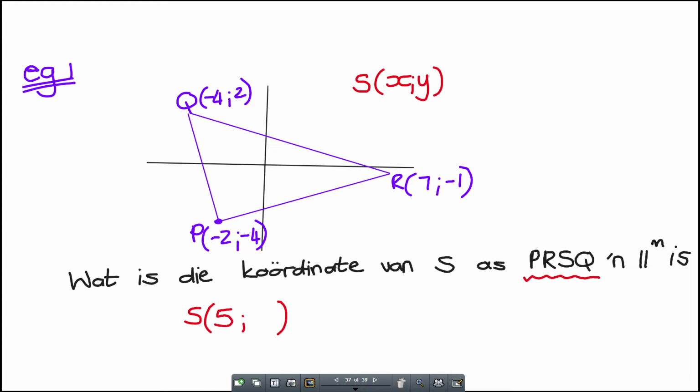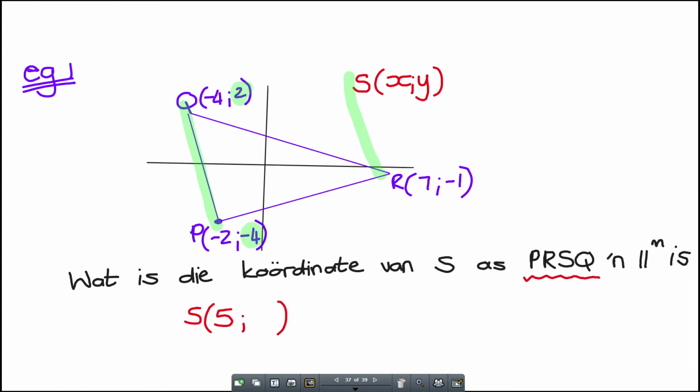Nee, you guys good with that? Now, let's look at QP and SR. Nou, omdat dit naaste is aan my vertikale lyn, meaning the y-axis, I look at the y values. So the y values here is -4 and 2.